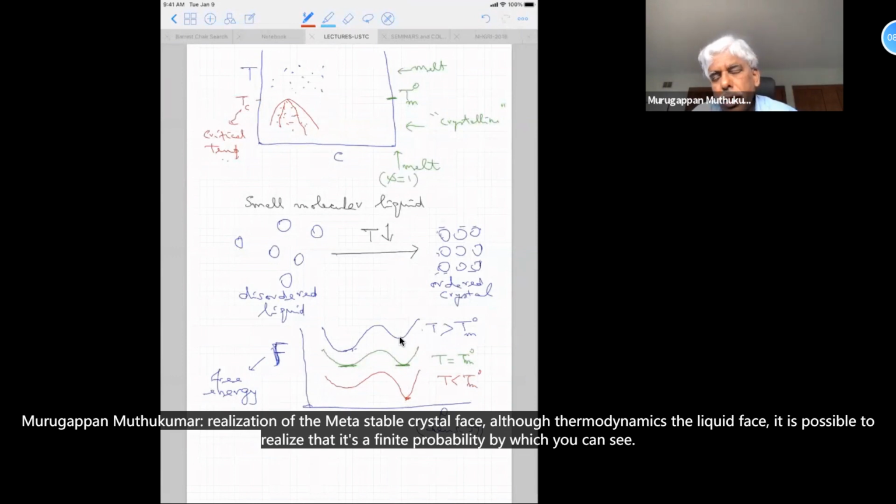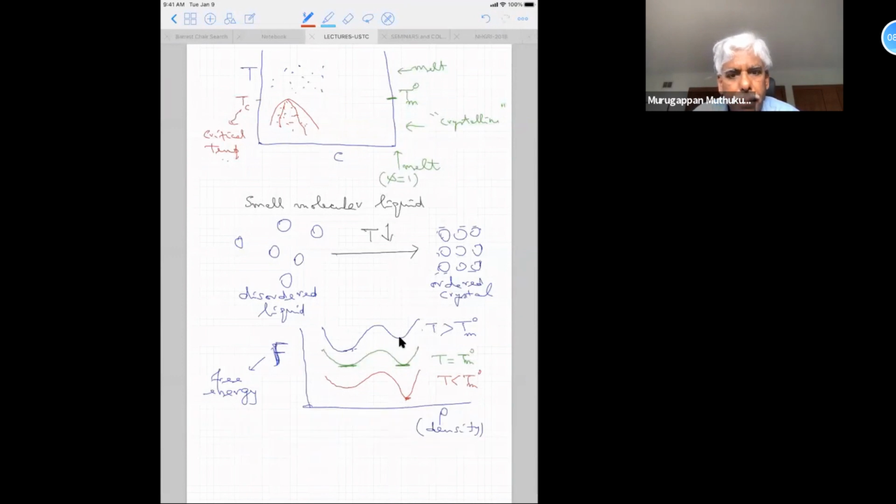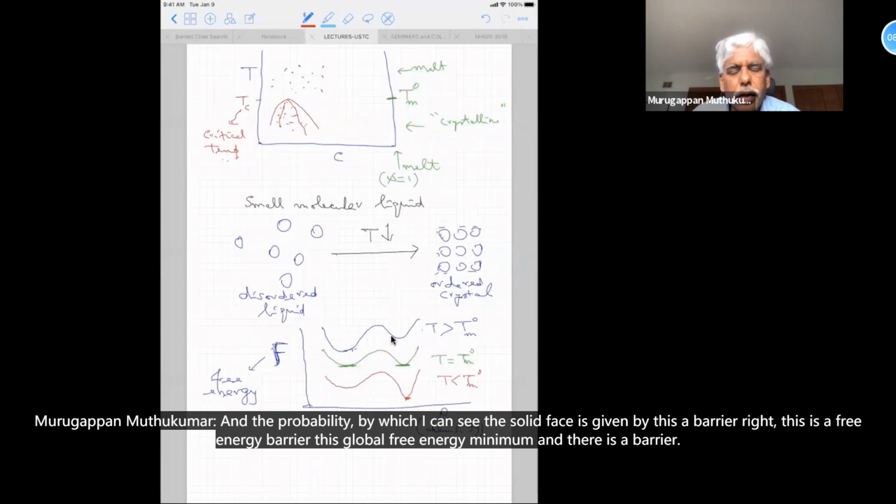Although thermodynamically the liquid phase is stable, there is a finite probability by which you can see a solid phase. And the probability by which I can see the solid phase is given by this barrier, right?